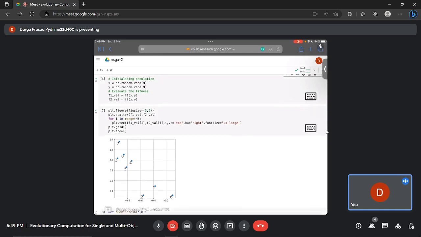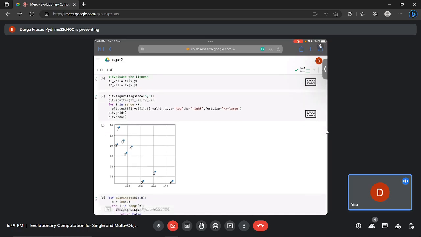Once I get the values of x and y, the next step is to evaluate the function values. I call the function f1 of x comma y to give me all the function values, which I store in a variable f1 val. Similarly for f2, I store them in another variable. This function just plots the solutions I got. This is your objective space, and these numbers 0, 1 are basically your indices.